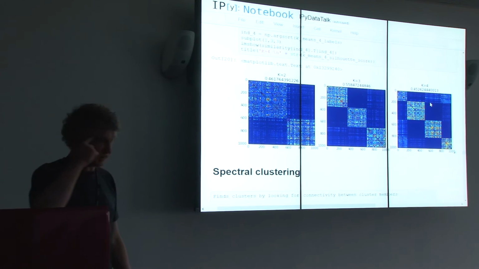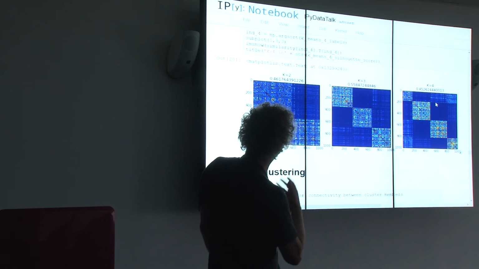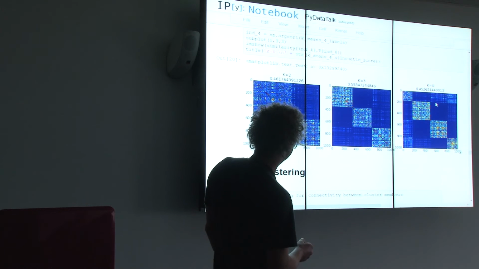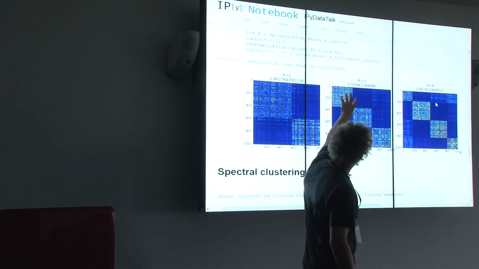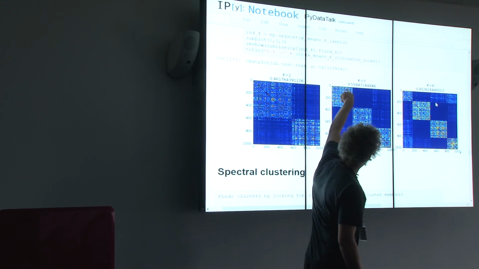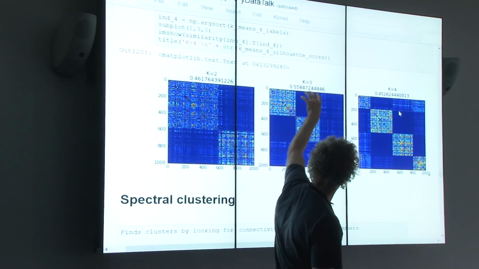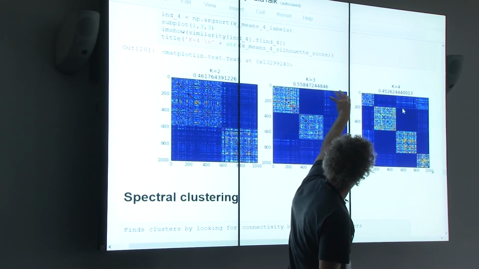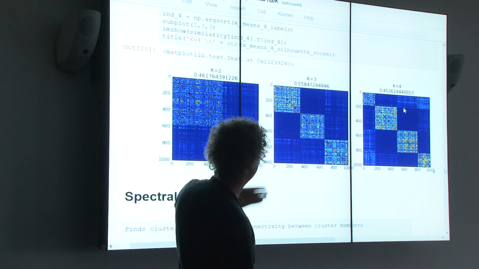And above each of these figures, I've also plotted or printed out the silhouette coefficient. So the silhouette coefficient is basically measuring the average of this block and taking a ratio compared to the blocks that are being given different class labels.